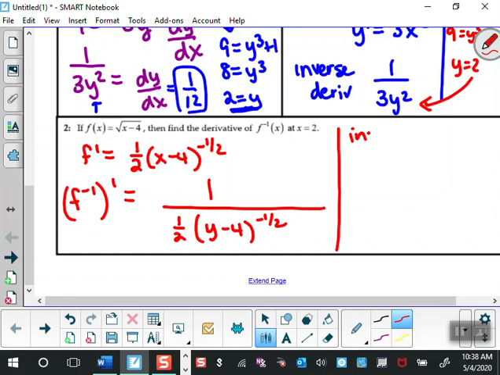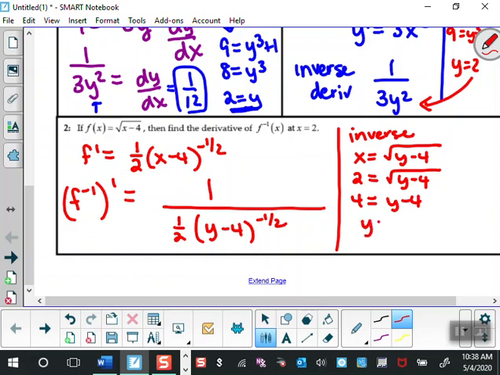Now, I still have to think about x equals the square root of y minus 4 when x is 2. y is going to equal 8.